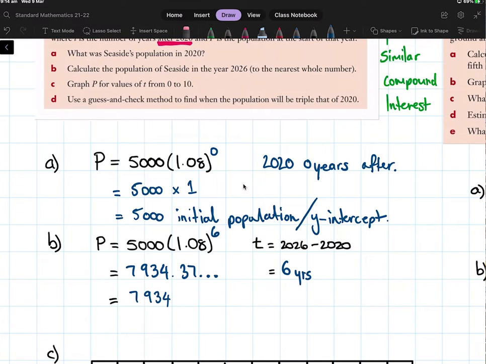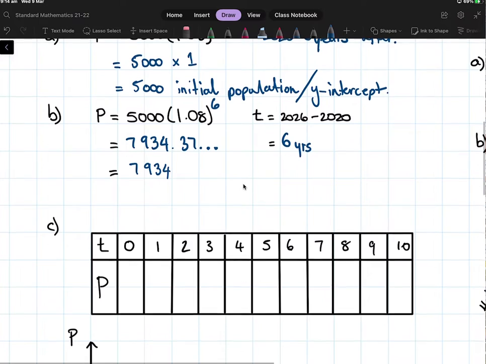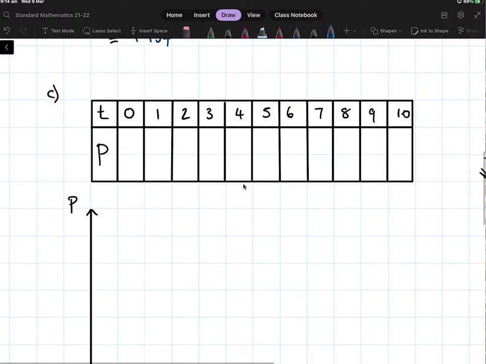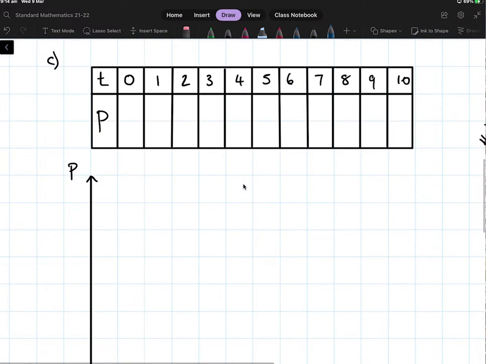Part C says, graph P for values of t from 0 to 10. So I've kind of started that process off, and I know at 0 I have 5,000. We know at 6 we had 7,934. We got those from the previous 2 questions. So just go through and punch those values into your calculator. I've already done that for a lot of them.